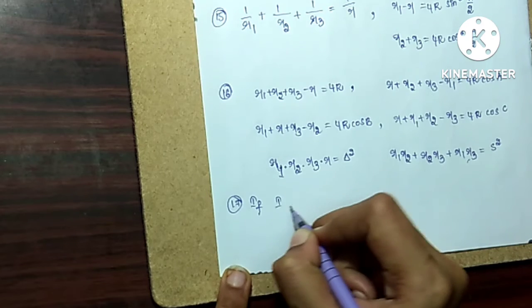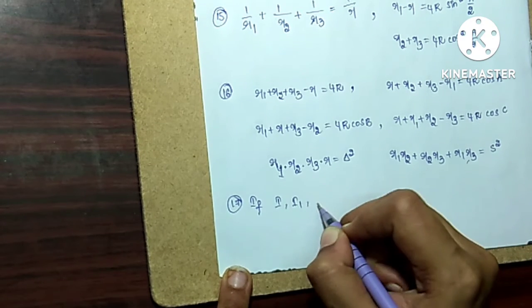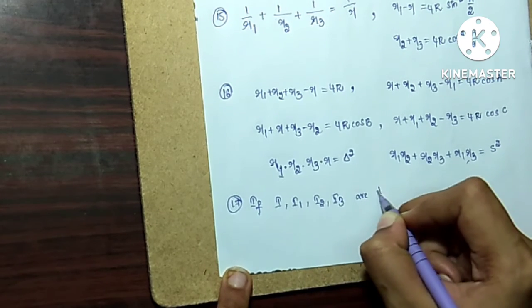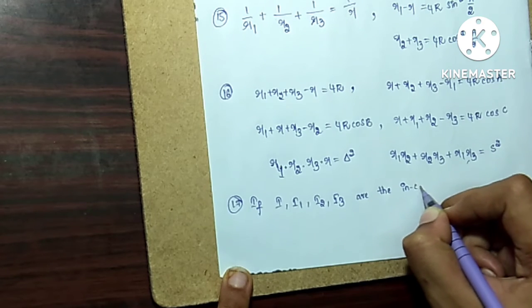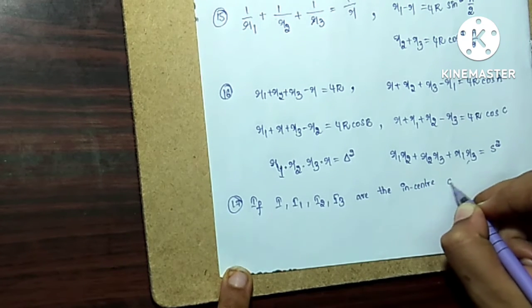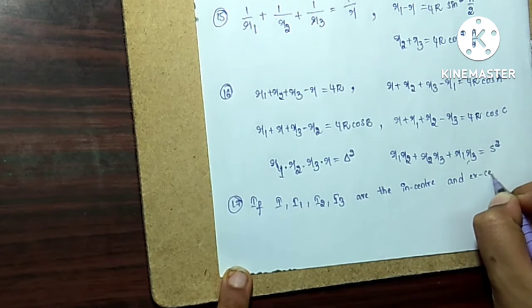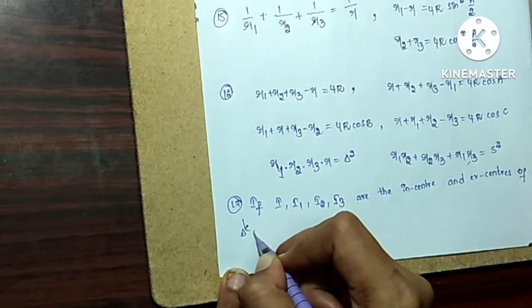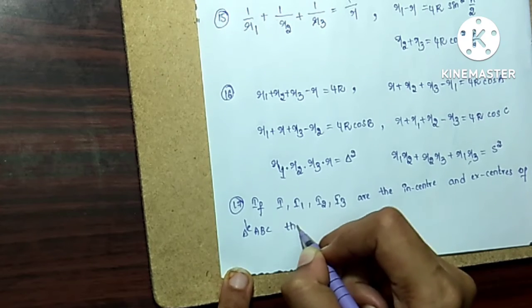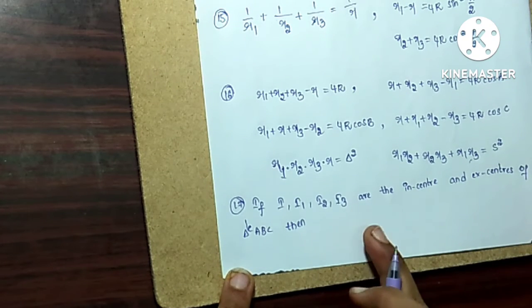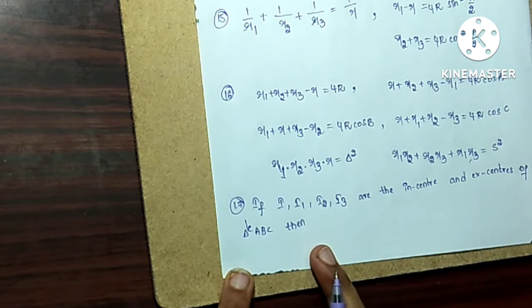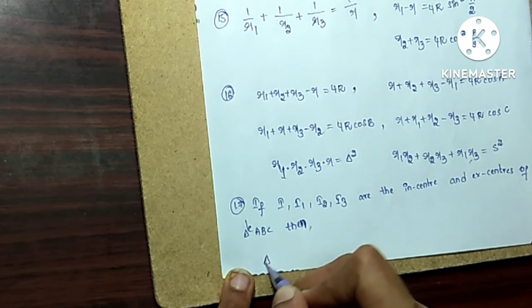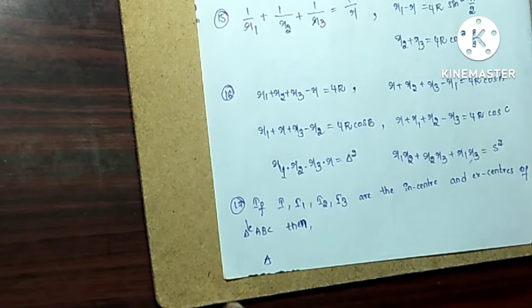If I, I1, I2, I3 are the incenter and excenters of a triangle ABC, then the important formulas are AI. We will continue to the next page.